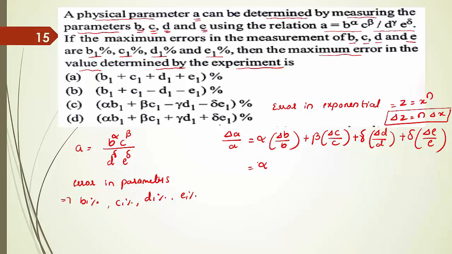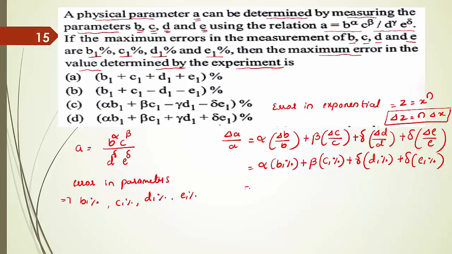Alpha into error in parameters is already given, delta B over B. How much error is present in this parameter? That is B 1% of error is present. Plus beta into delta C over C. Here C 1% of error is present. Similarly gamma, delta D over D is how much? D 1% plus delta, delta E over E. Here E 1% of error is present.